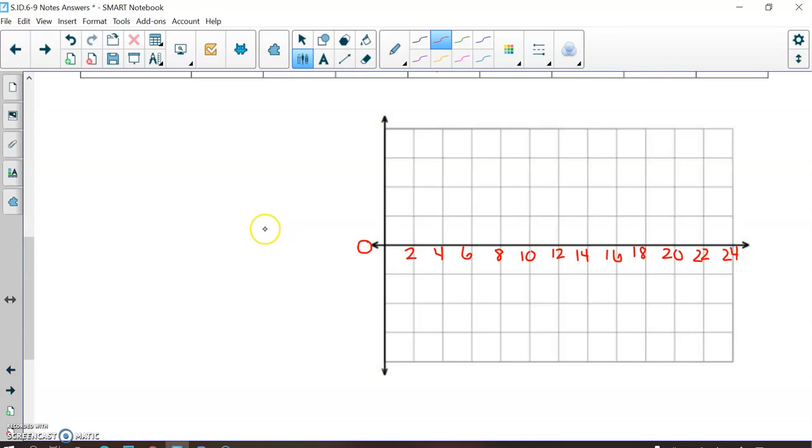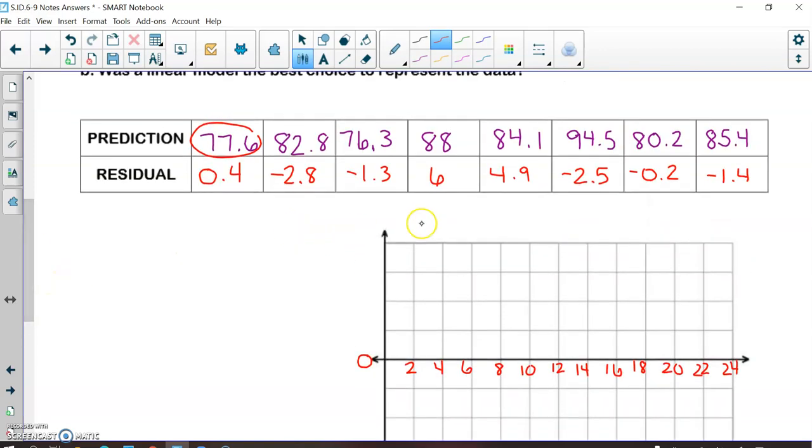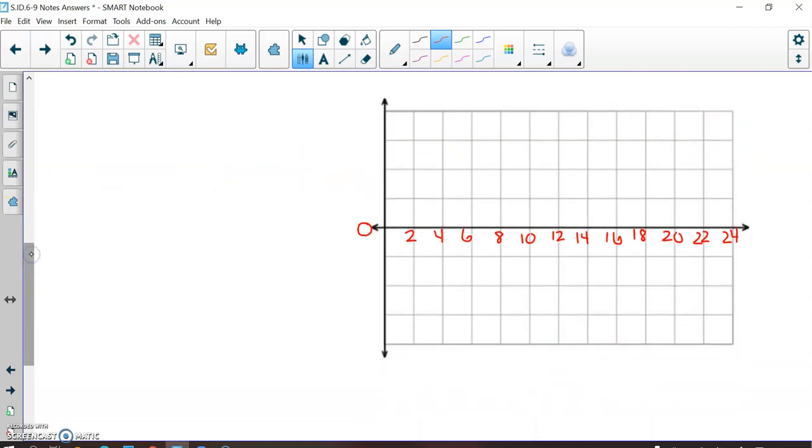And my residuals, the lowest is negative 2.8. My highest is 6. So we can also go by 2's, but that should be enough.